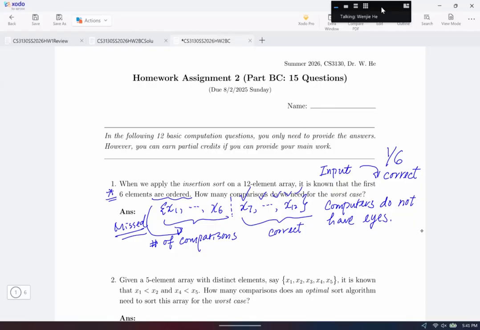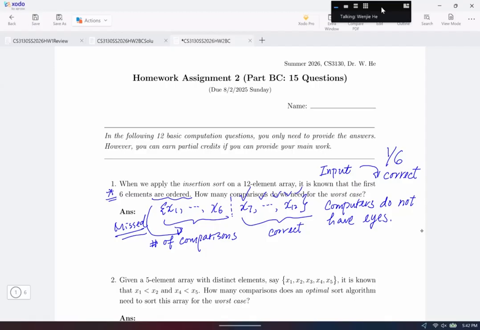You need to enter the whole array as the input, and your code needs to run your for loop, taking the insertion steps one by one. For each iteration, just do it as usual, just as if the first 6 elements were not ordered.